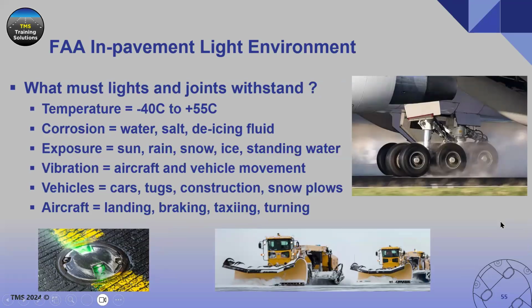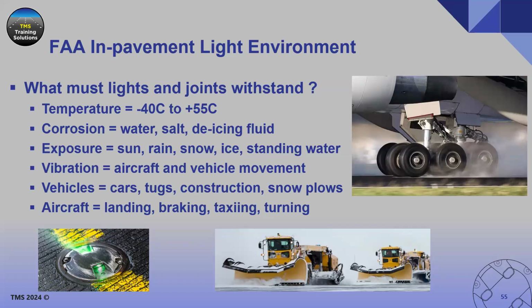So for airport operators and maintainers, it's important to think about, when choosing bolts and how your bolted joints are going to work, what environment they're operating in. So what do the equipment and the joints have to withstand? From a temperature perspective, we always evaluate equipment between -40°C to +55°C in operation. You've got to consider the corrosion environment.